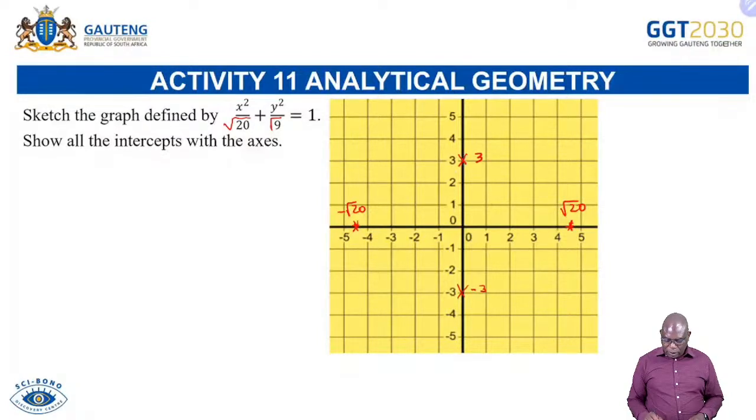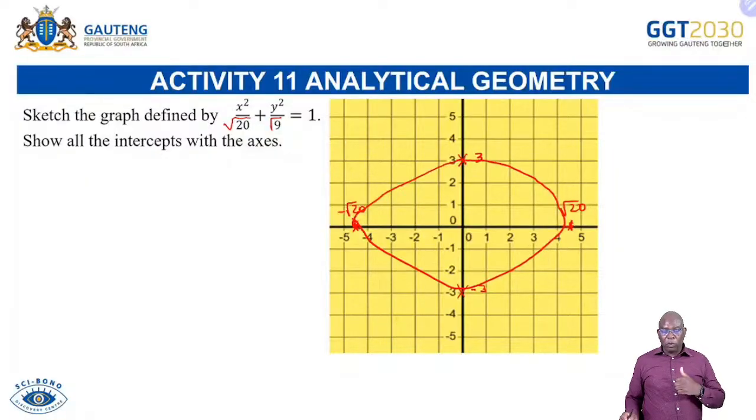So therefore, I can just draw my ellipse, making sure that it joins all the points, and then we have a horizontal ellipse because the value of x is bigger than the value of y. That's why we have a horizontal one. If the value of x is smaller than the value of y, then we have a vertical ellipse.